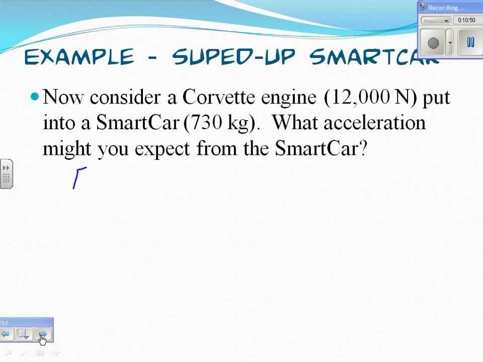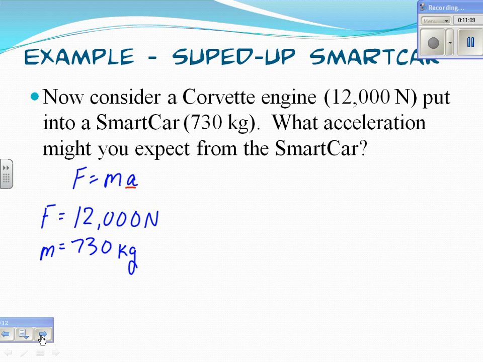Well, once again, we know the relationship amongst those. Force is equal to mass times acceleration. This time we want to find acceleration. So we need the force, which was given, 12,000 newtons, and the mass, which in this smart car is just 730 kilograms. And we want to solve for acceleration.